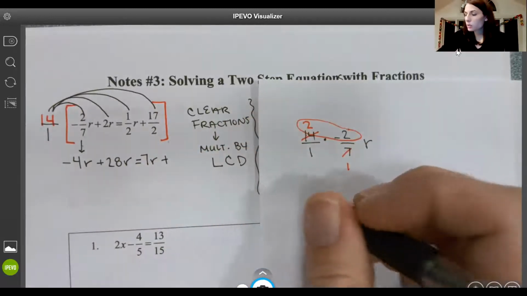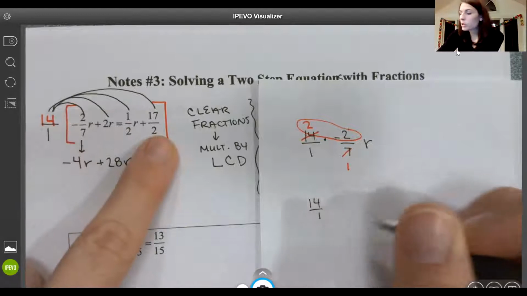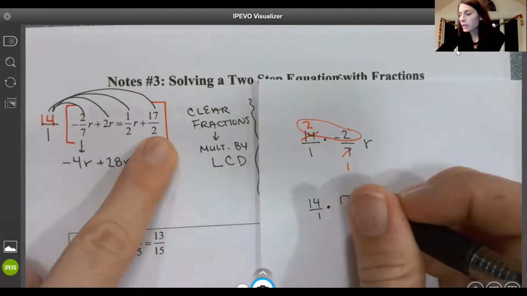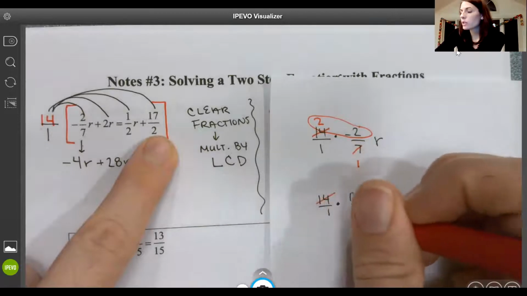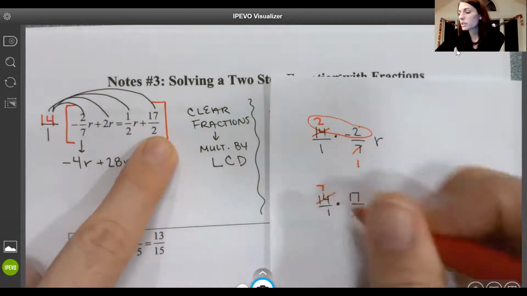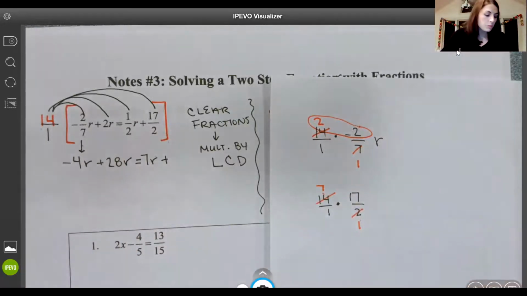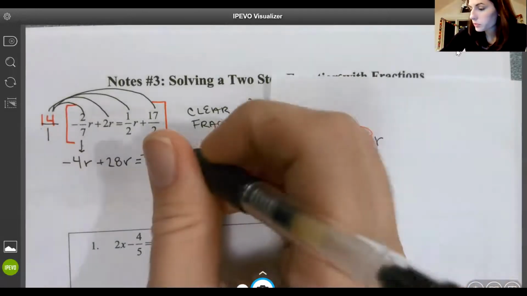Plus, and this last one's a little bit tricky, when I take 14 and I multiply it by 17/2, again, I can reduce here. 14 divided by 2 is going to give me 7 over 1. And then 7 times 17 is going to give me 119.